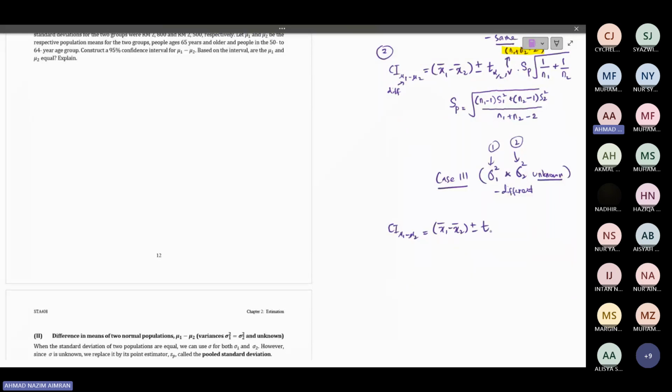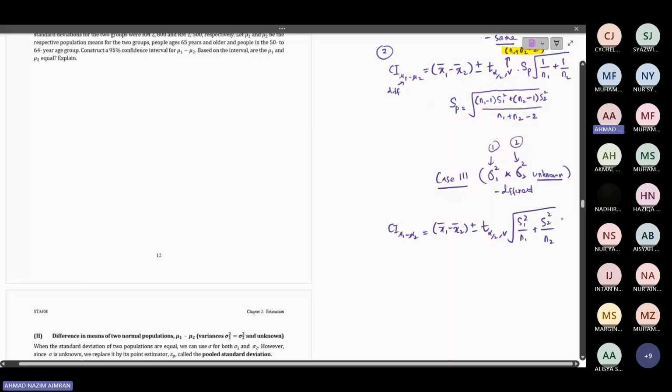Remember, when unknown we use t with degrees of freedom, and for this one we use variance of sample 1 over n1 plus variance of sample 2 over n2.